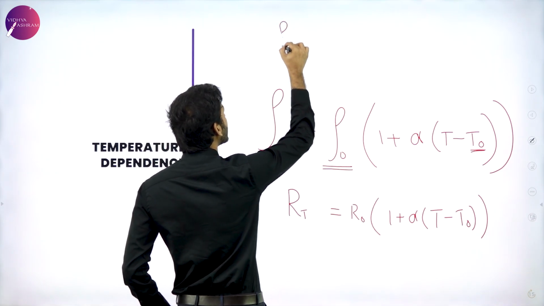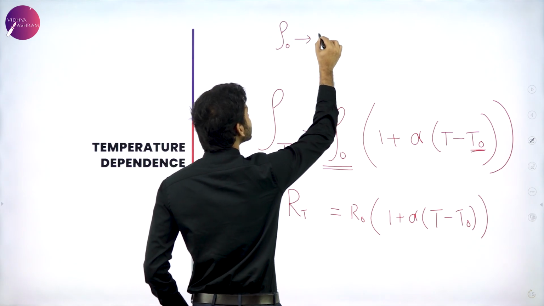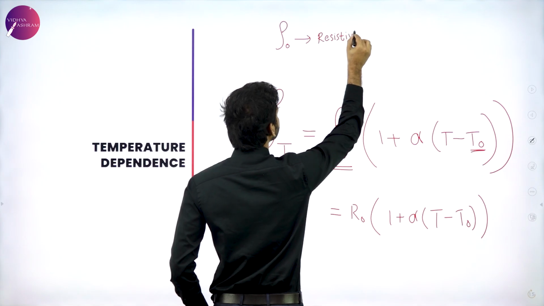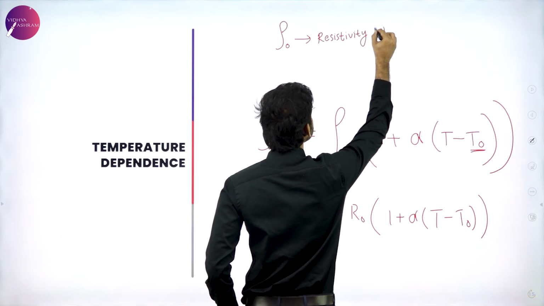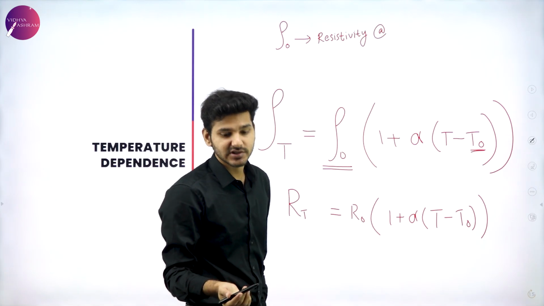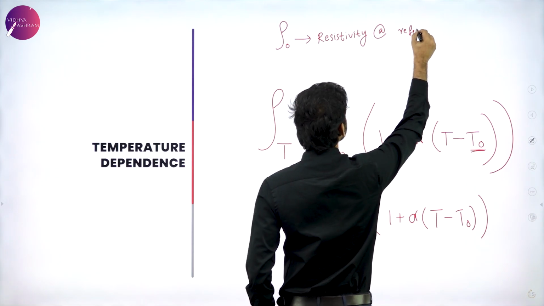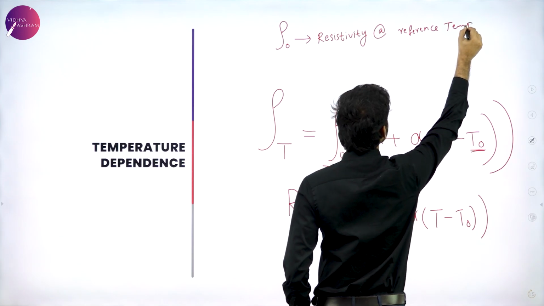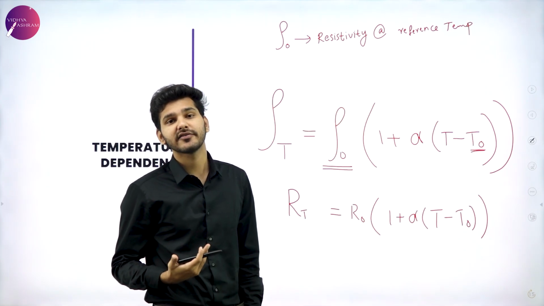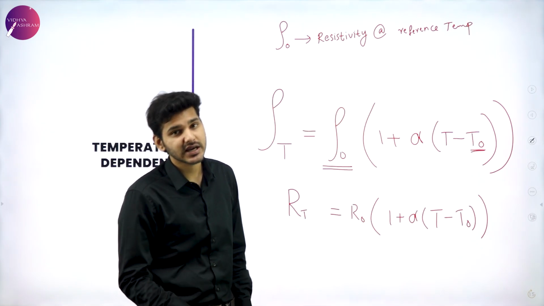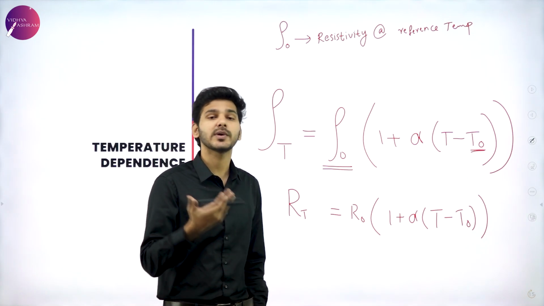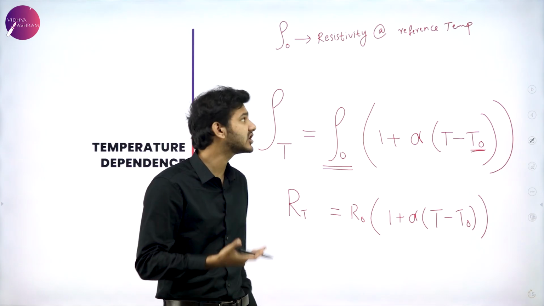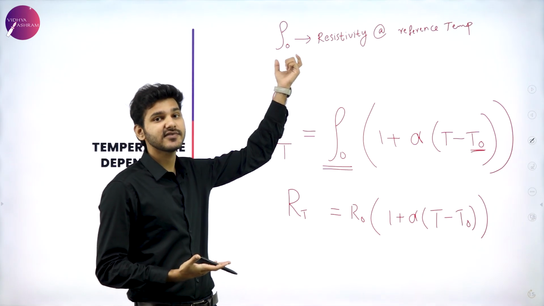So rho naught is known as resistivity at reference temperature. For example, if I take room temperature as the reference, I can say it is 300 Kelvin or 28 degrees Celsius.